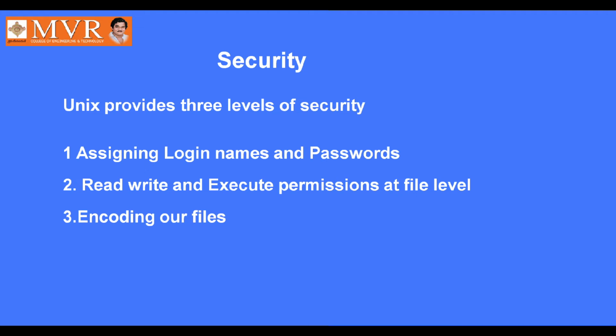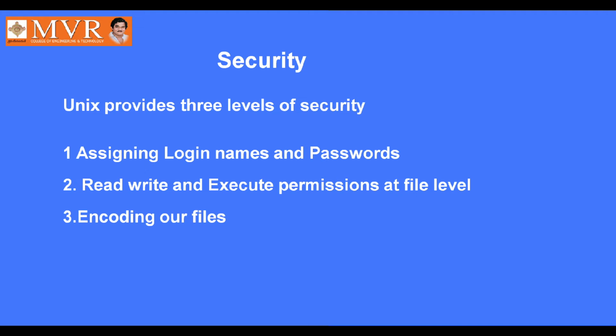At the first level, it provides security by assigning a login and password for each user. Whoever wants to use the Unix operating system has to have a login ID and a password. Without these, he cannot enter into the operating system or the normal desktop. This is the first level of security.